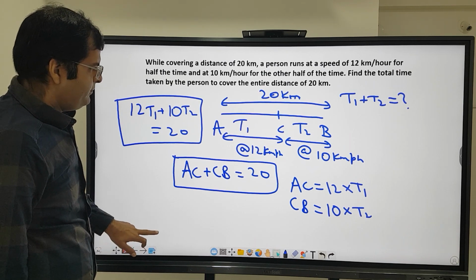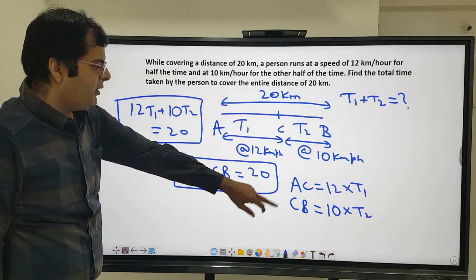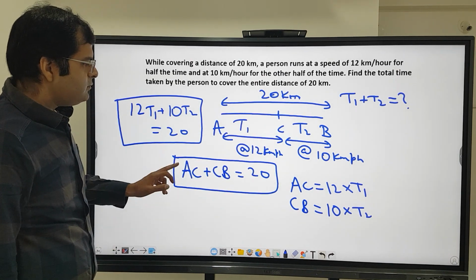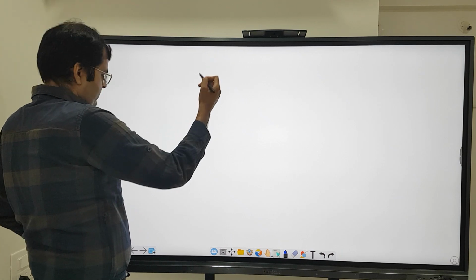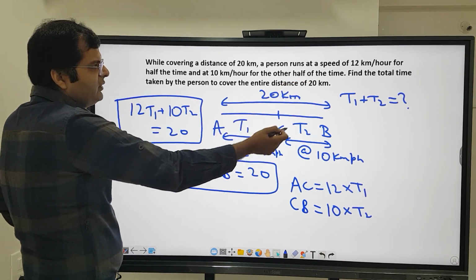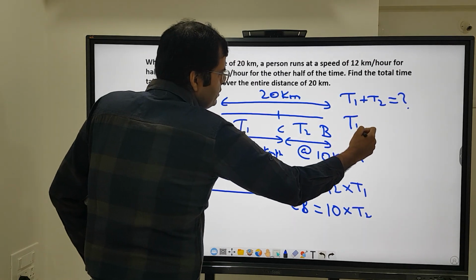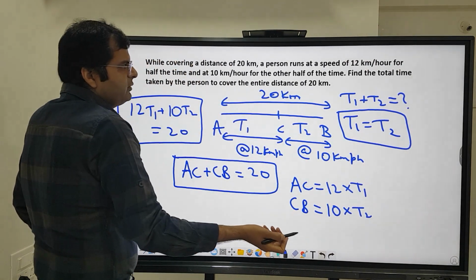Further, what we also know is that T1 should be equal to T2. It has been given also that T1 is equal to T2. Why?